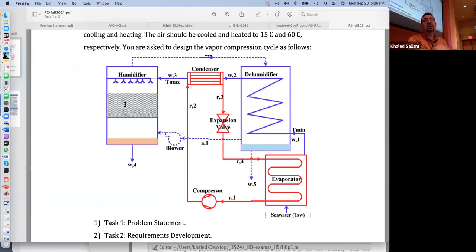So this is not just for seawater desalination. This is also if you want to treat produced water. This is exactly one of the techniques that one of the companies in Oklahoma operates in their produced water treatment facility. So what is produced water?